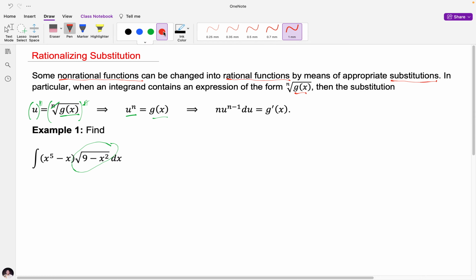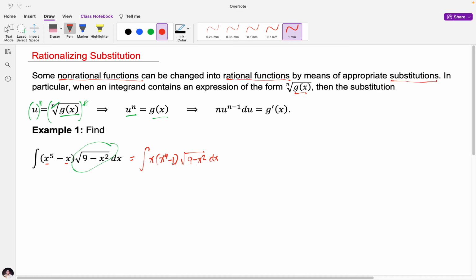But before that, I would like to factor out x here because x is common to both terms. So this is just equal to the integral of x times x raised to 4 minus 1 na lang, then we have the square root of 9 minus x squared, okay, dx.